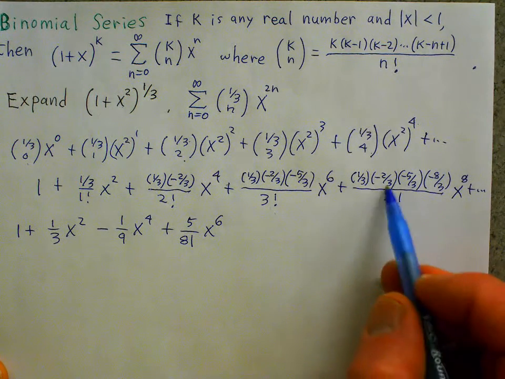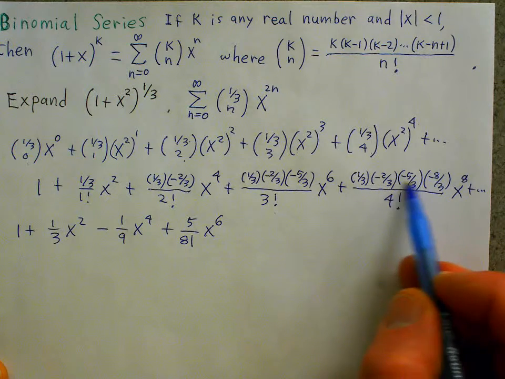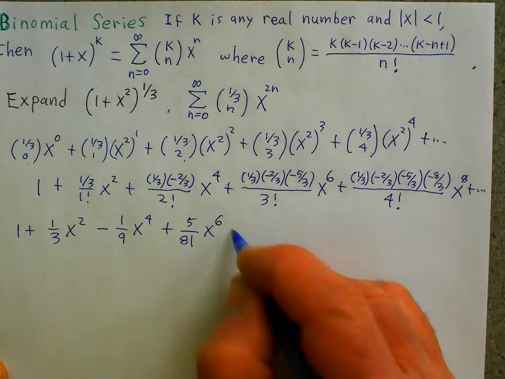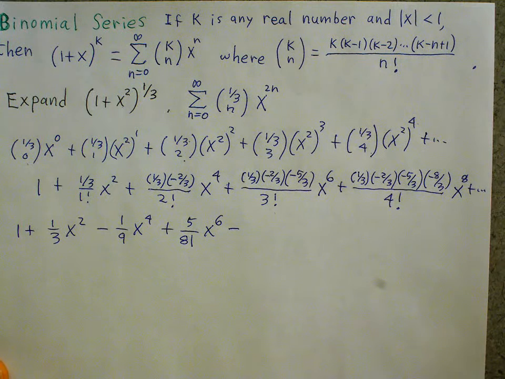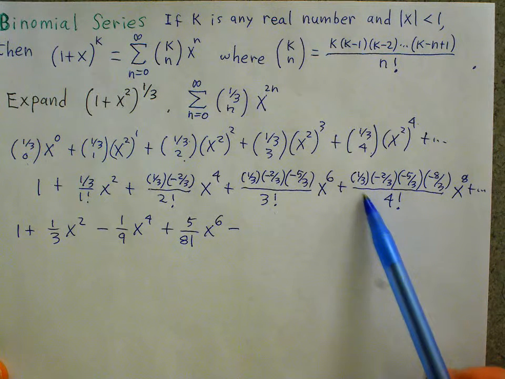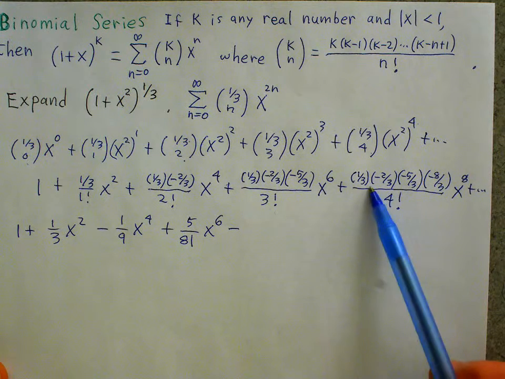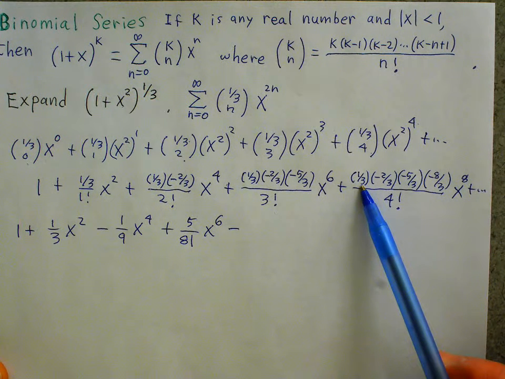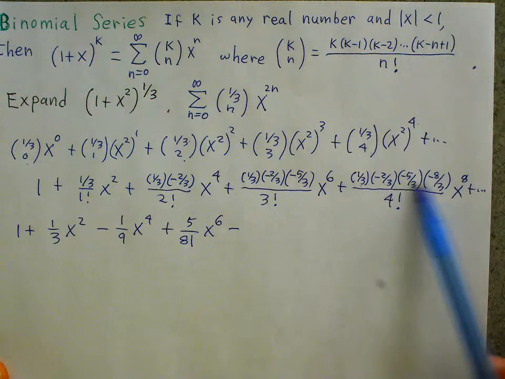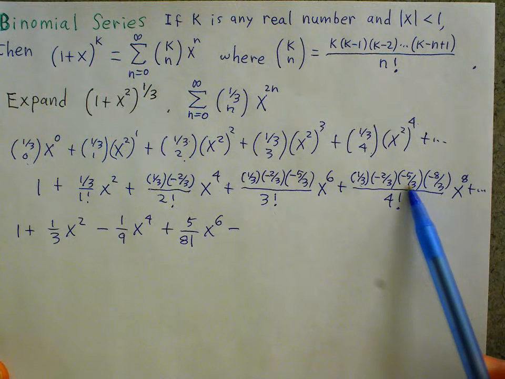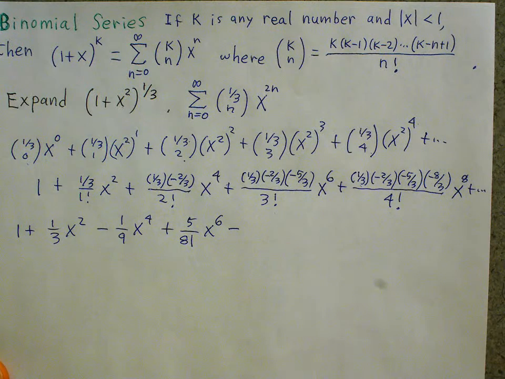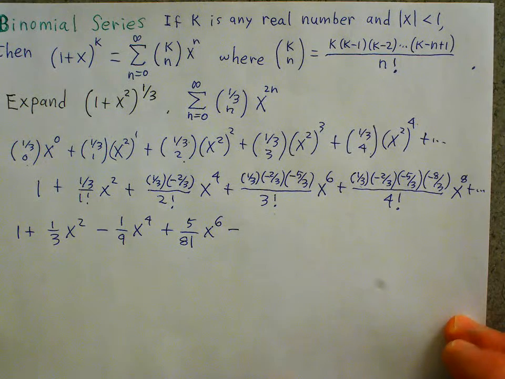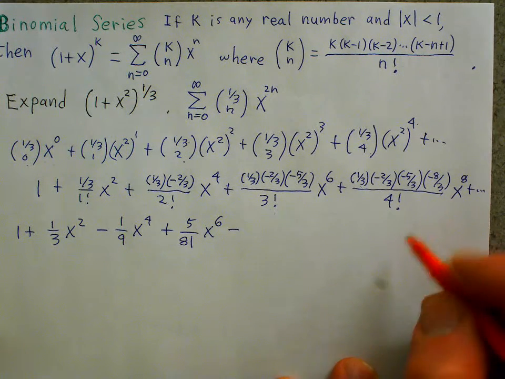And then the next one has to be subtraction because the coefficient is negative. So this one, minus 80 over 81 over 4 factorial. So let's do the arithmetic on the side here.